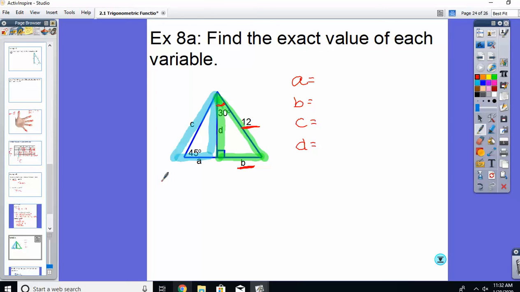So the sine of 30 degrees equals our opposite side, which is B, over the hypotenuse, which is 12. What's the sine of 30? 1/2. So I can replace that with 1/2. Multiply over my 12. And B is 6.